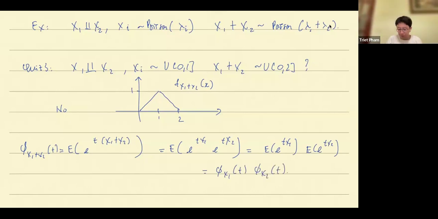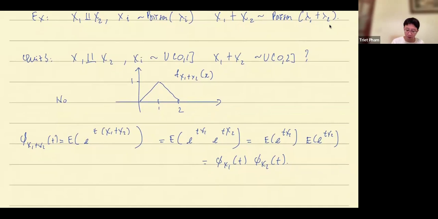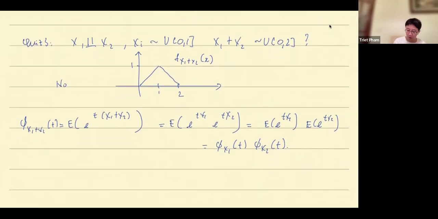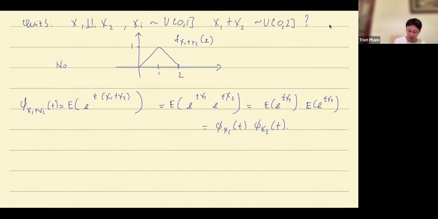In other words, the moment-generating function of the sum is the product of the individual moment-generating functions. So it's extremely easy to do this kind of thing if you know what the original moment-generating function is.